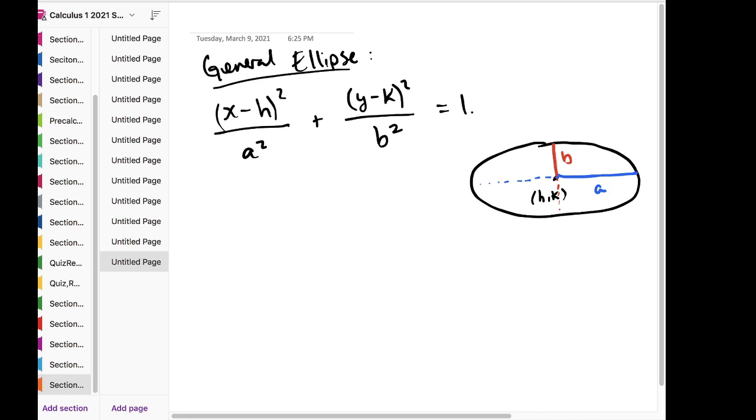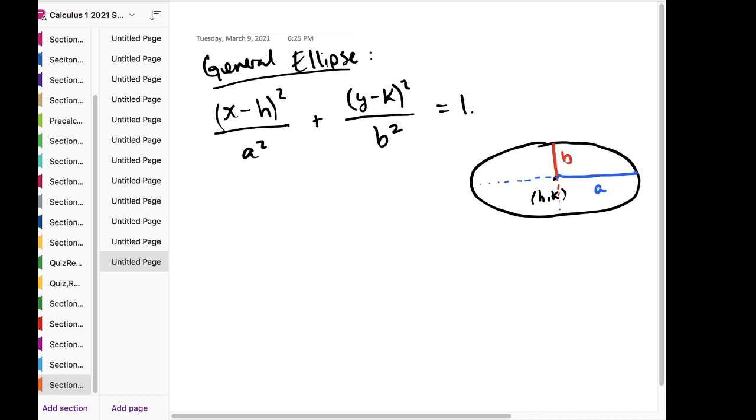Instead of a common denominator, I can't get rid of squares, right? Square rooting couldn't do that because of this plus. I can't square root over a plus. It'll just make it more complicated, so just be wary of that.